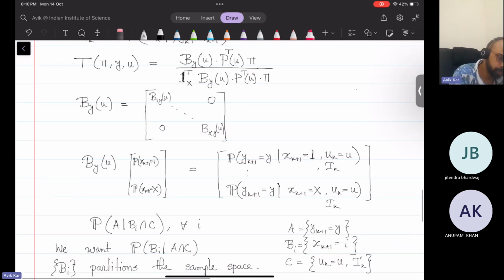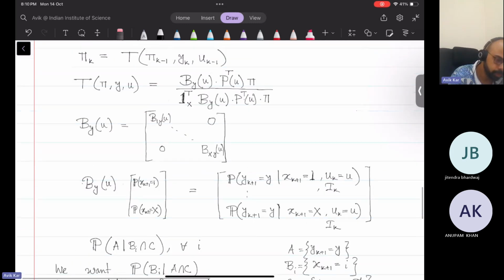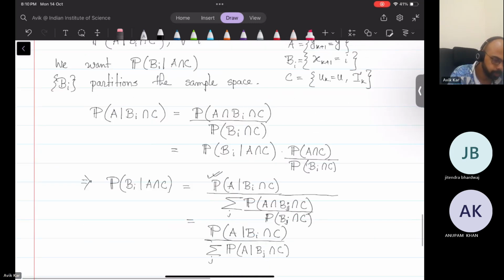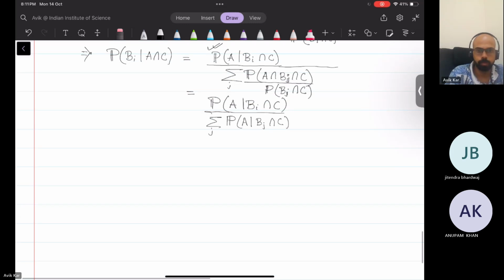Okay, so now you can verify that this expression is exactly the probability of X_{k+1} given pi_k, Y_{k+1}. Okay, sorry for the delay, it was uncalled for.